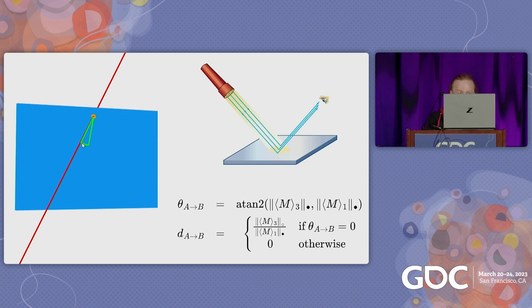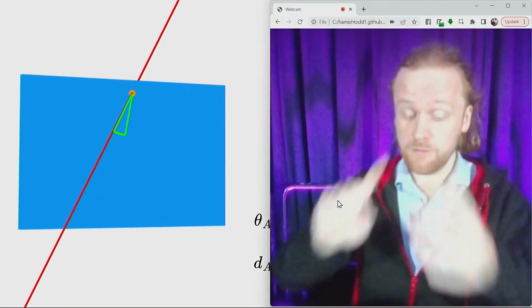Maybe you want the angle between the line and the plane. The way to get that angle is with this formula, and again it involves the amount of point reflection that's inside of M, where M is a rotoreflection, say, and the amount of planar reflection inside of M. There's only going to be a distance between the line and the plane in the case where the line is parallel to the plane.